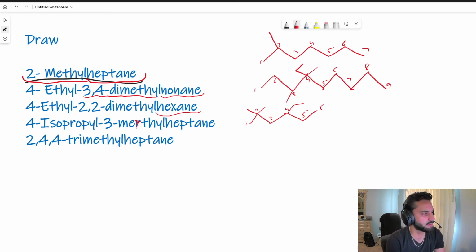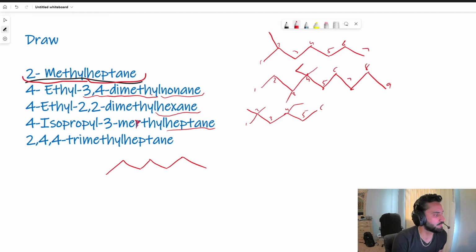And again, heptane is our longest chain here, so let me draw that right down here. 1, 2, 3, 4, 5, 6, 7. On carbon 4 there's an isopropyl group, so it would go like this. That's our isopropyl group. And we have a methyl group on carbon number 3, just like that.